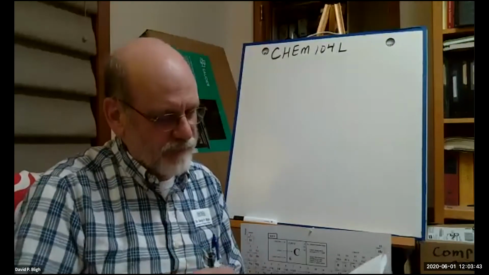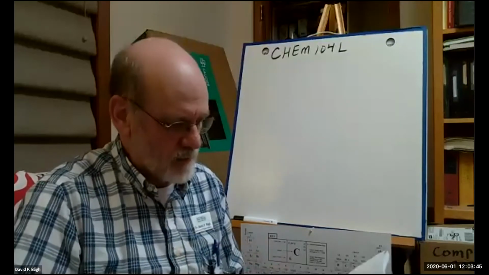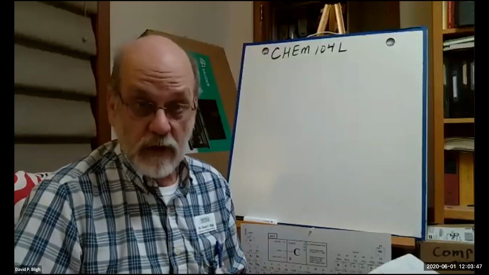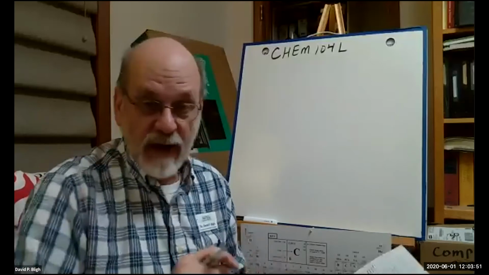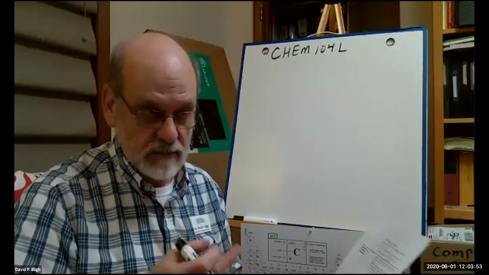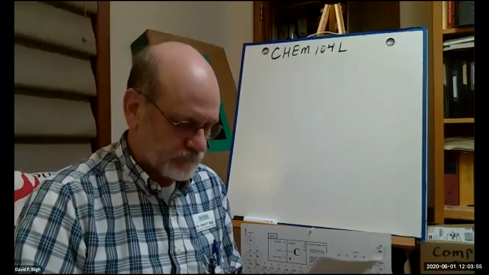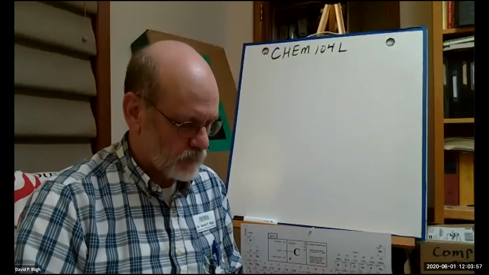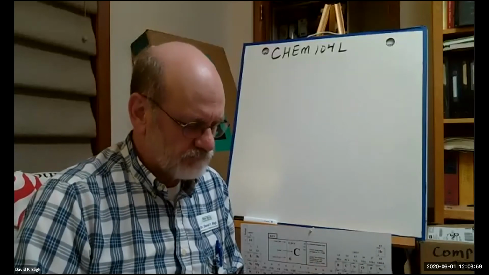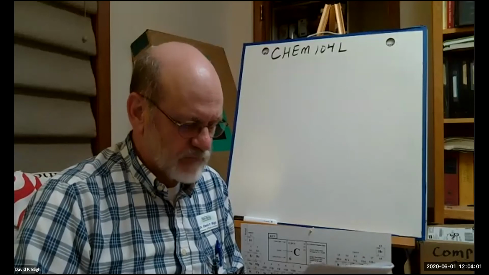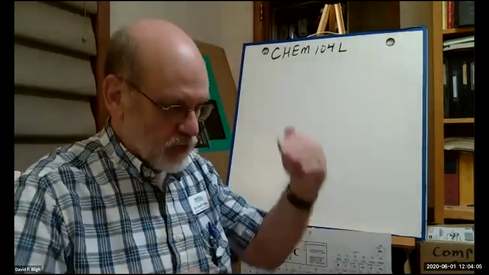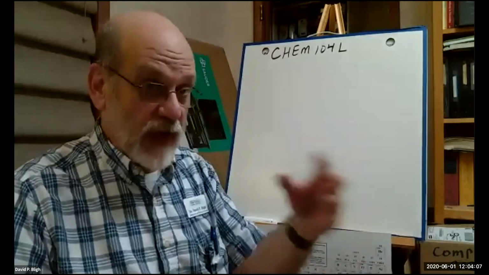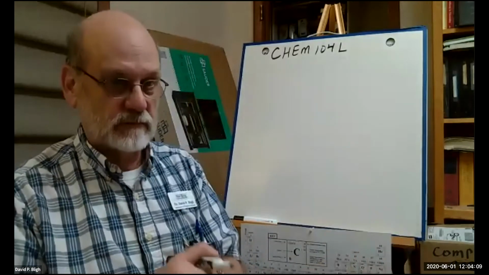So I thought of 4 here, but those are not the only ones. If you give me one that's not on my list and it's reasonable, sure, I'll accept it. Just think about possible sources of error. Step by step, you're doing something. You have to weigh something out.